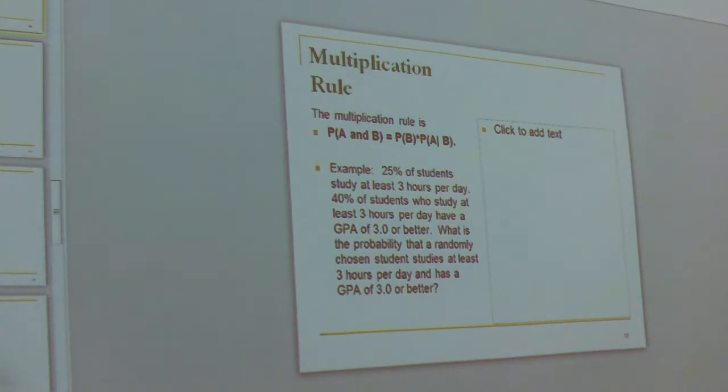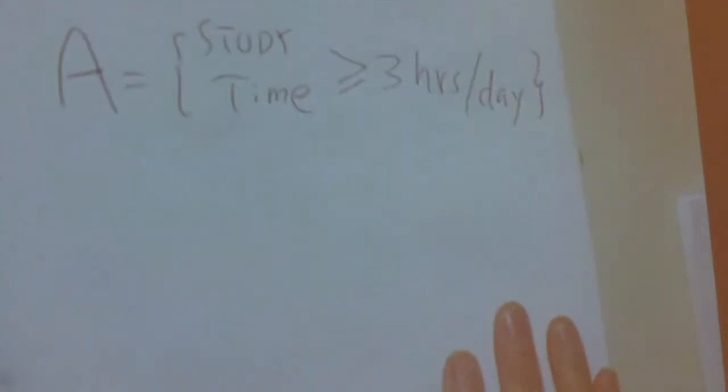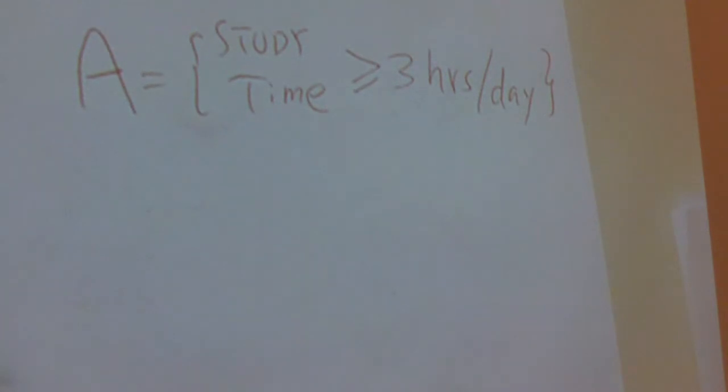Okay. We have two events of interest here. First event is study time. I put study time. I think that's easier to write. I think that's pretty clear. That's event A. How about the next event?